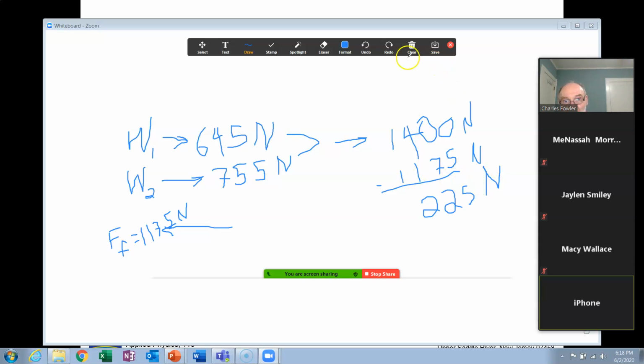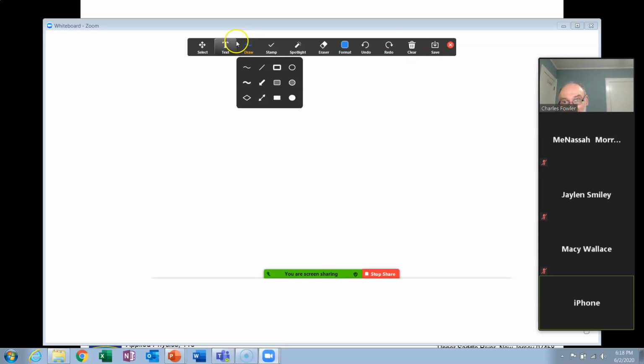So I'm going to clear the screen for you, and I'll type in, and this is a little bit easier to read than my writing. Here is Newton's third law, the law of action and reaction. Newton's third law. And here's how it goes.